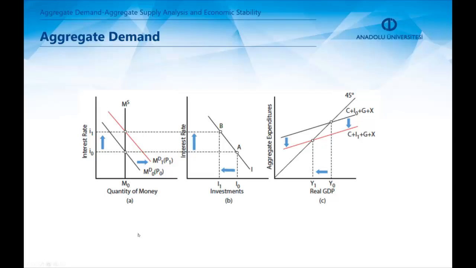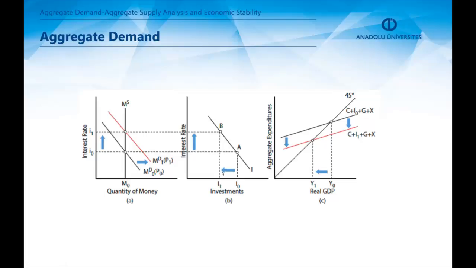This increase in money demand also causes an increase in interest rates. When there is an increase in the interest rate, it means that the cost of financing for investments also increases. Because of that, investments will decrease.